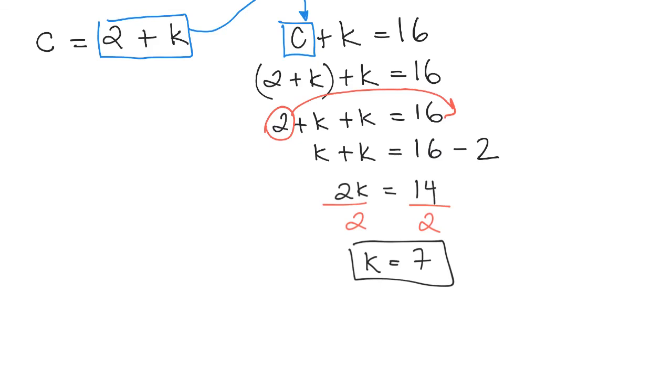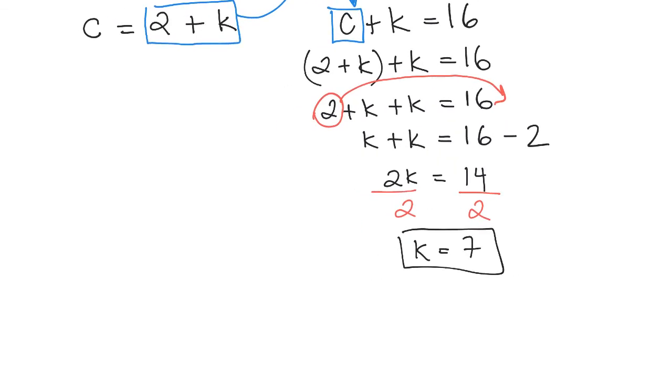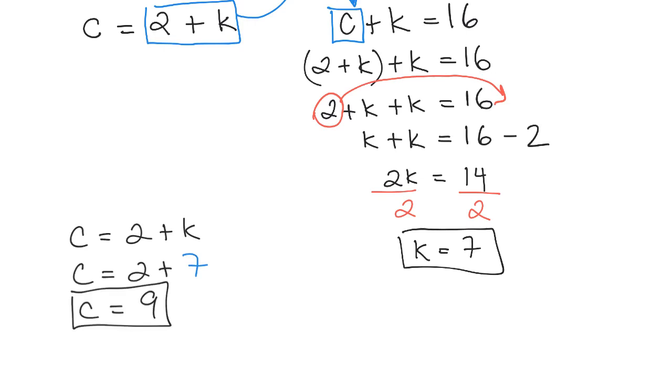So now that I know K, I can go back and solve for C. So remember that we know C is equal to 2 plus K. But we now know that K is equal to 7, so we can go ahead and stick that in. 2 plus 7 is 9.